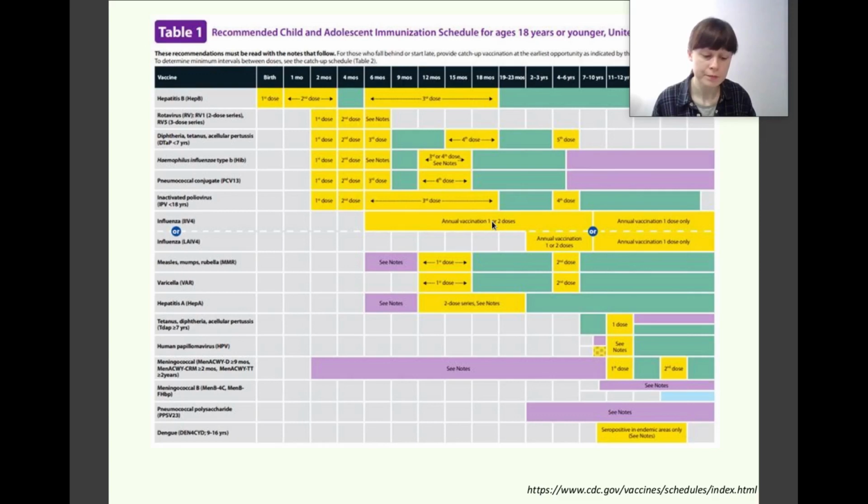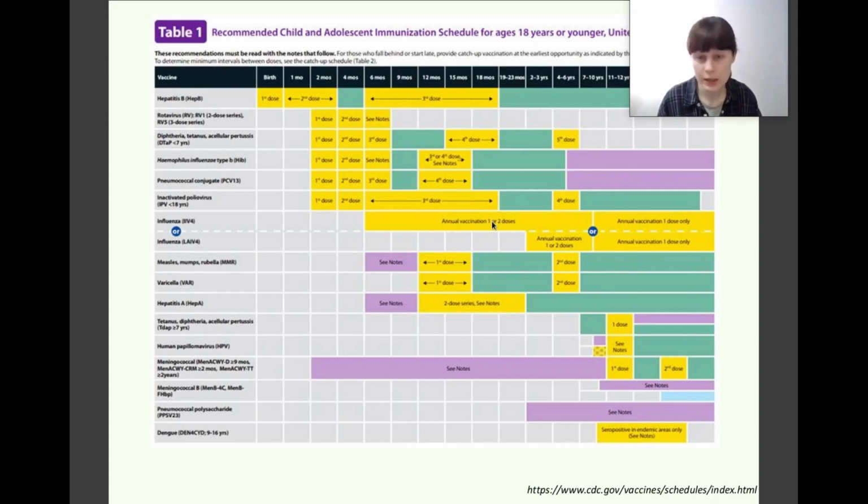Vaccinating children on time protects them and anyone around them with a weakened immune system. It's safe because hundreds of the country's top doctors, public health professionals, and scientists designed the schedule to ensure it is safe and effective.